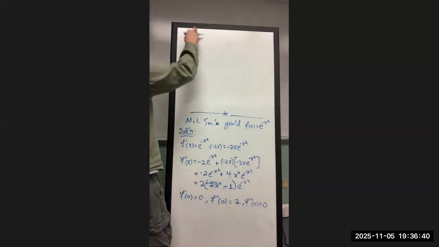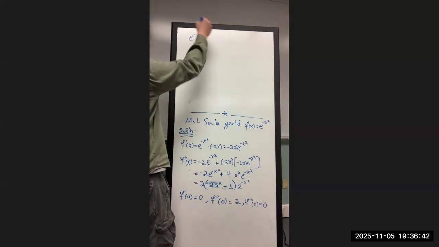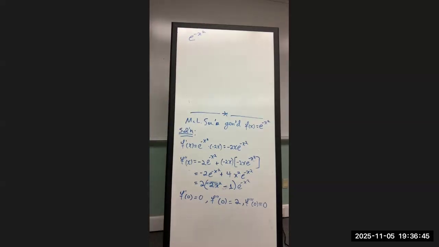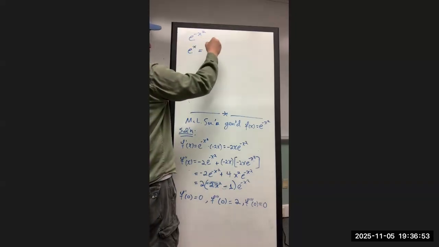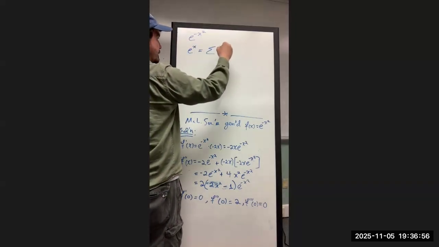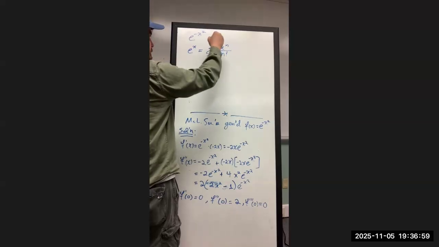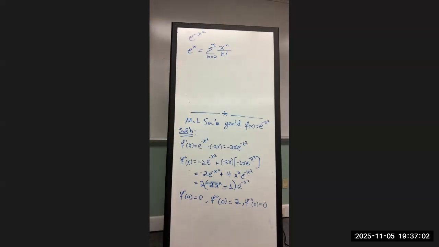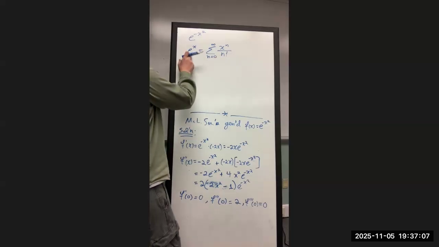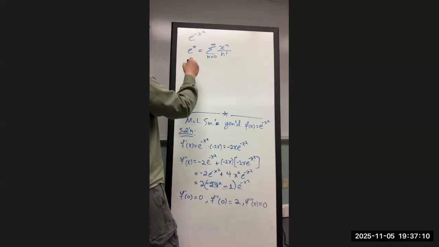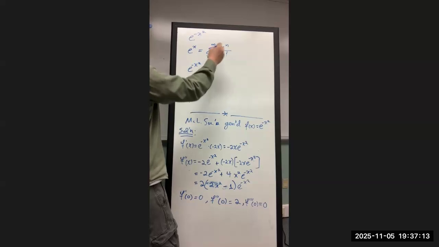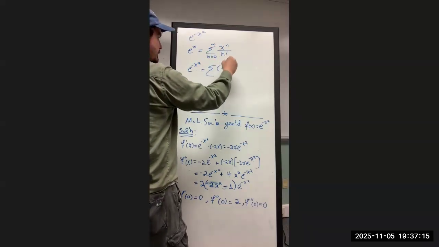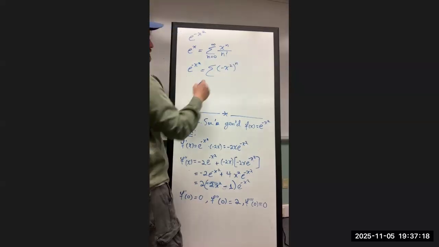So we're looking for the Maclaurin series of e to the negative x squared. Well, we know what the Maclaurin series is for e to the x. That is this guy. So guess what? Just like what we did on the geometric series, if I want to know what this power series for e to the negative x squared is, I just replace the x with negative x squared.